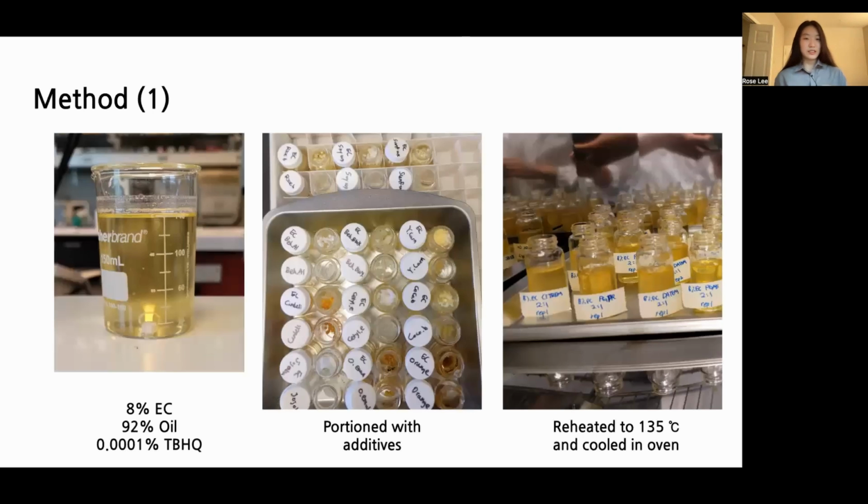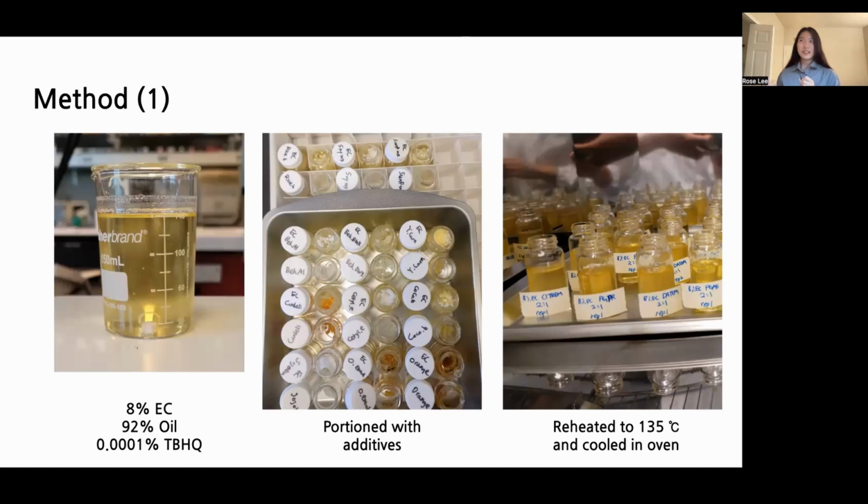As for the method, we heat 8% EC and oil and a bit of TBHQ as an antioxidant. We heat them for 10 minutes after it reaches 160 degrees Celsius. After that, we portion them into vials and add roughly half the quantity of the EC of the additive.